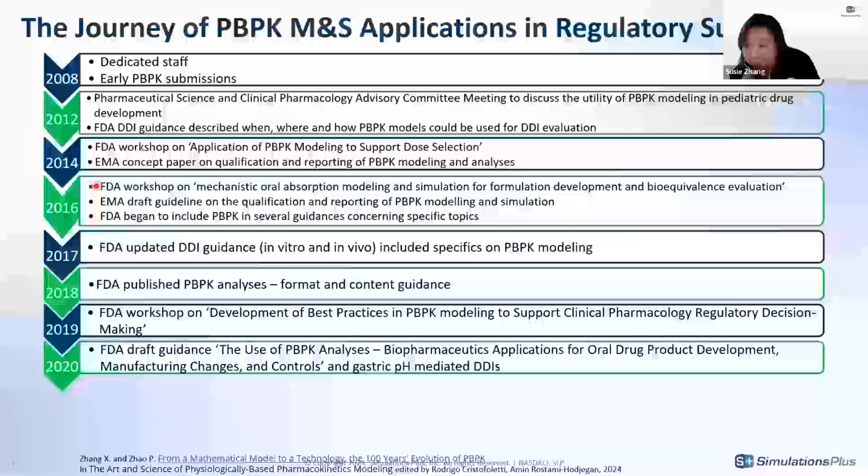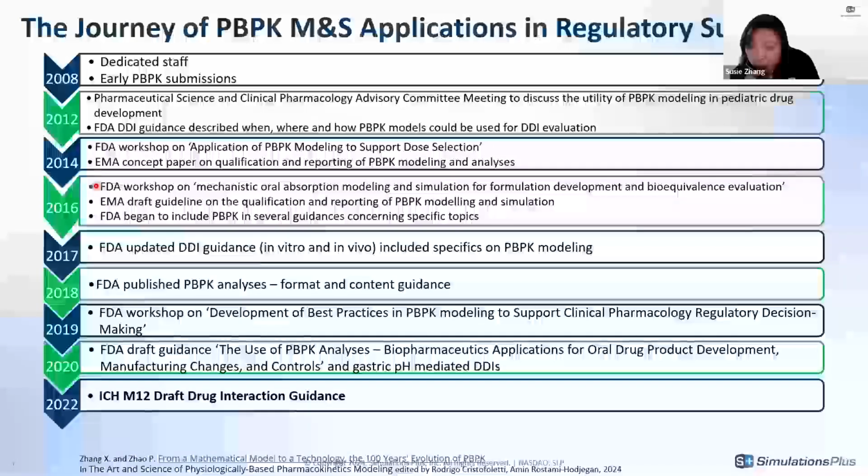In 2020, FDA published draft guidance on the use of PBPK analysis for biopharmaceuticals. FDA also published draft guidance on gastric pH mediated drug-drug interactions. In 2022, ICH published the draft M12 guidance on drug interaction.